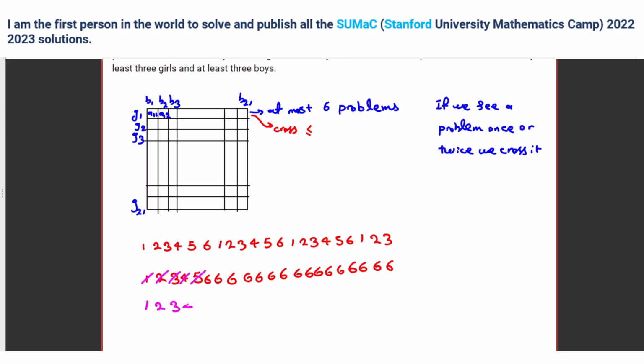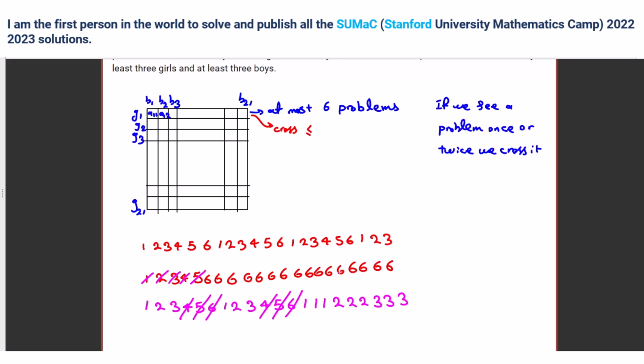Or maybe you say 1, 1, 1, 2, 2, 2, 3, 3, 3. Here we should cross what numbers? 4, 5, and 6. Yes, because we see them at most twice, right? If we see a problem once or twice, we cross it.